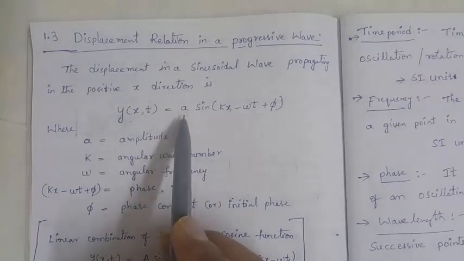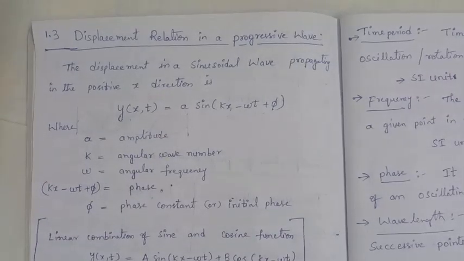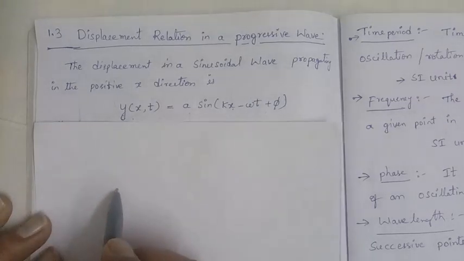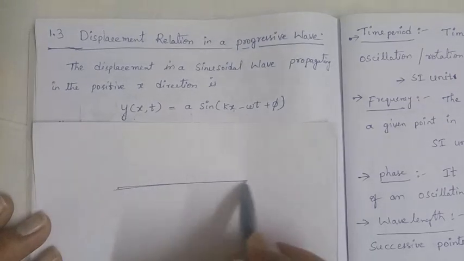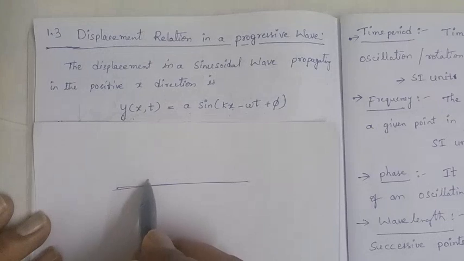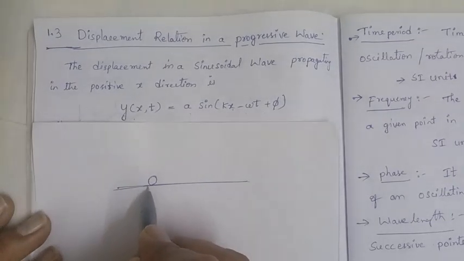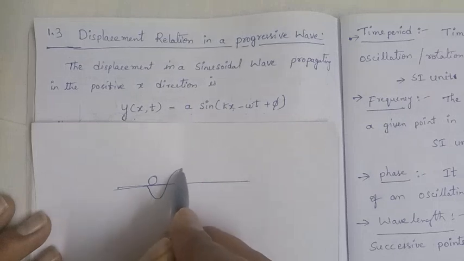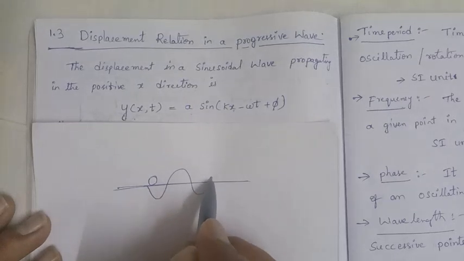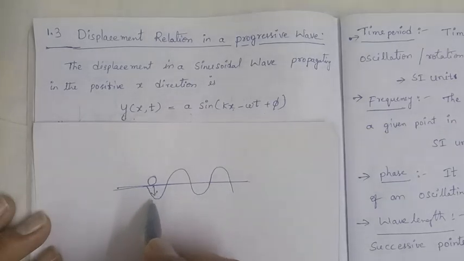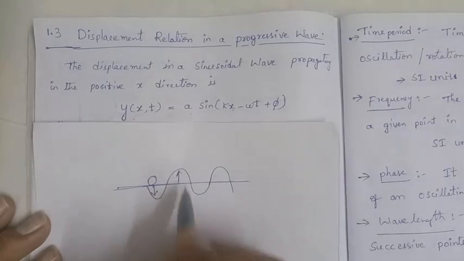So here a means amplitude. Suppose there is water at equilibrium position, and you throw a stone. Automatically the water goes down and goes up, down and up like that. So here the particles are coming down and here the particles are moving up.